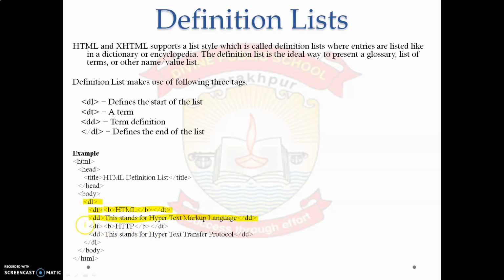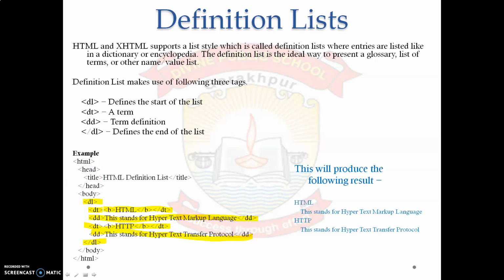In the same way, here we have used HTTP. Okay, and the definition, this stands for hypertext transfer protocol. And after that, the definition list closes. What is the output? Like this. Here HTML, this stands for hypertext markup language.